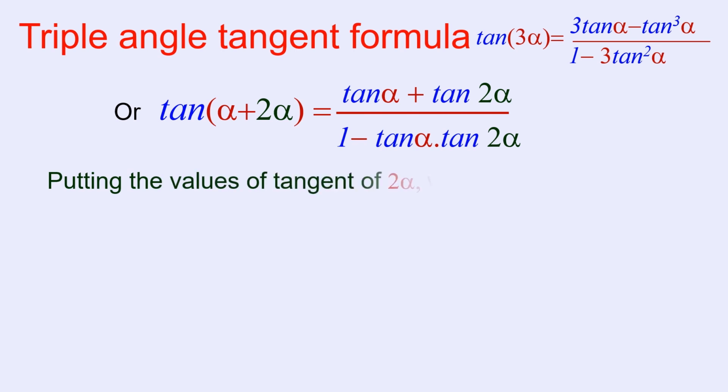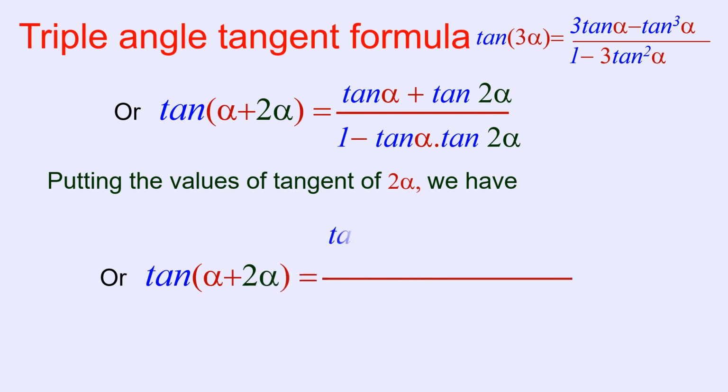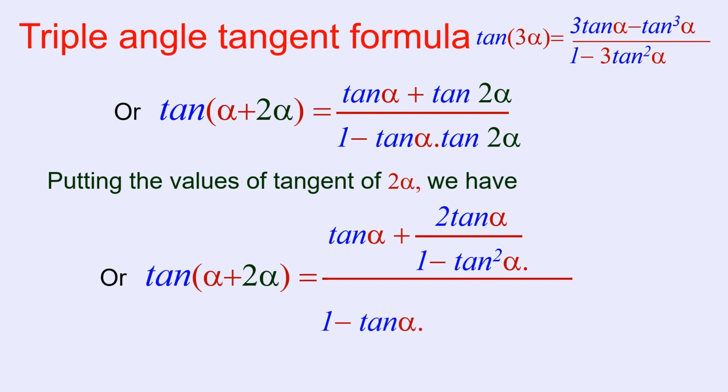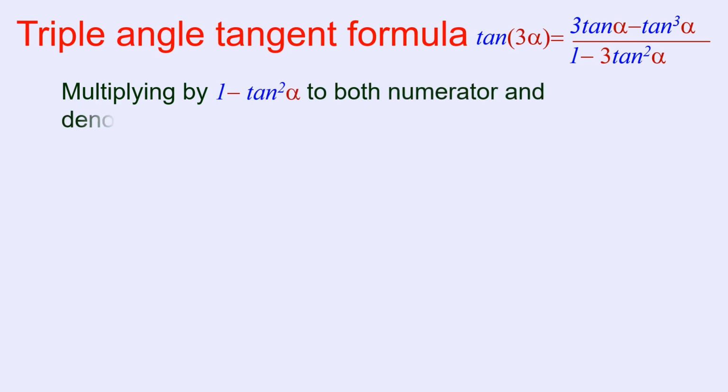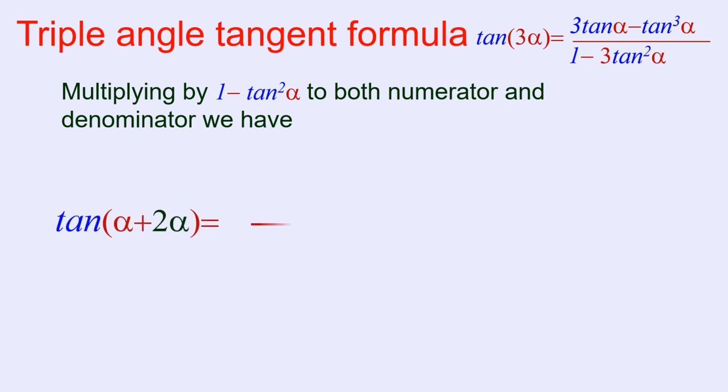Putting the values of tangent of 2 alpha, we have, and to solve it further, multiply by 1 minus tan squared alpha to both numerator and denominator. Solving and simplifying it, we will get the required formula.